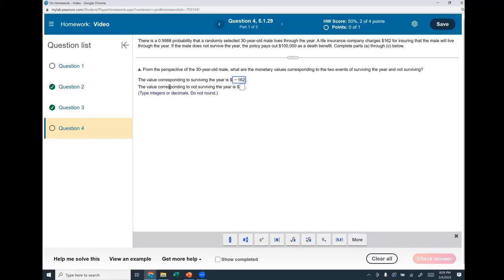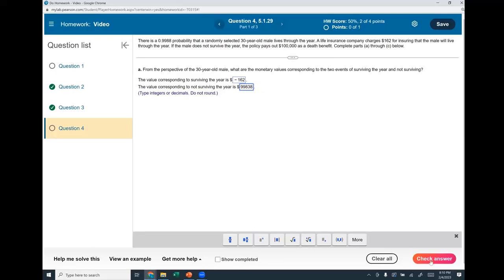However, if I don't survive, I don't make any money, but whoever I leave that to is going to have a profit of $100,000 minus the $162 that I initially put in.